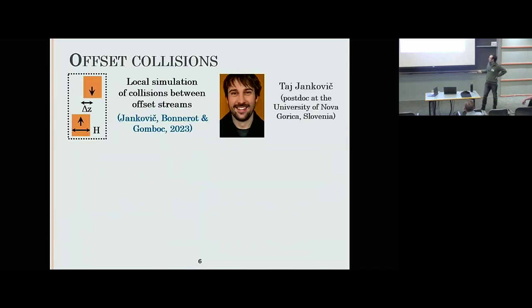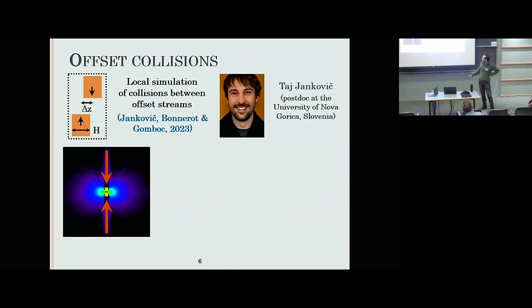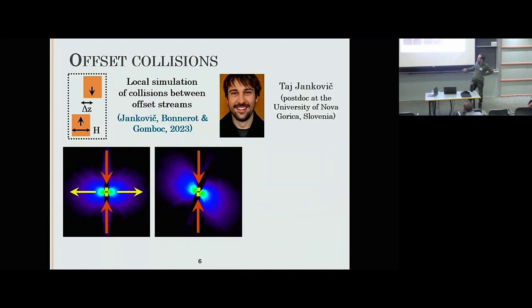In that case, as was found by postdoc Tai Yankovic, using the same local simulations I showed before, if there's no offset, the outflow would be roughly spherical. A small offset, the outflow would be still pretty spherical, but now slightly misaligned with the equatorial plane.